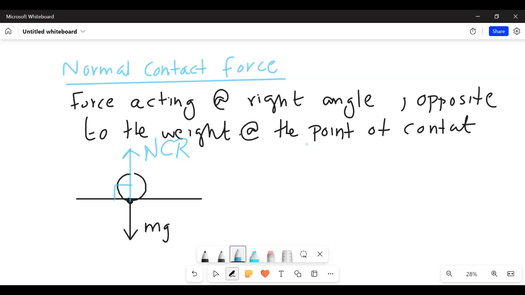There's also a force that the ground is exerting on you, exactly in the opposite direction. So the two forces cancel each other out. That's why you're not falling into the ground.